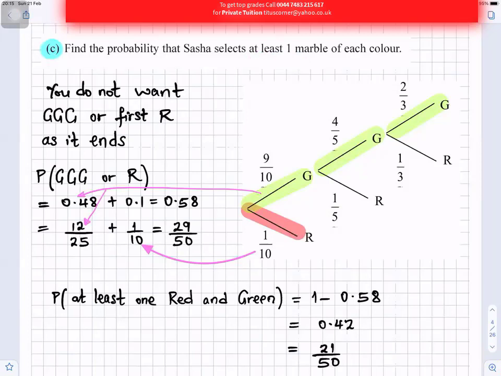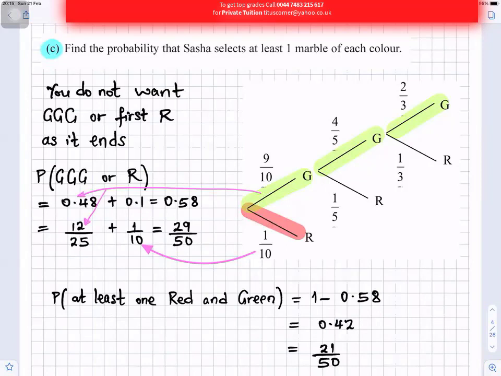So let's find the probability of green, green, green, or red. The probability of green, green, green is 0.48, which we got from the previous part, 12/25. The probability of the red is 1/10, which is 0.1.